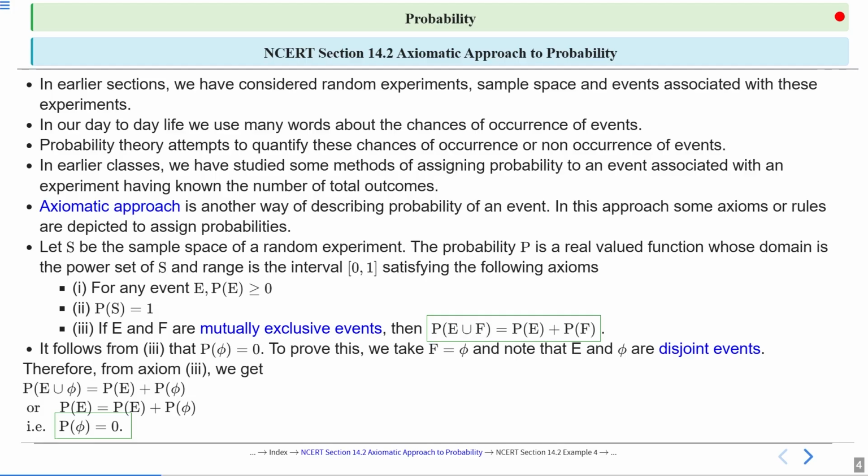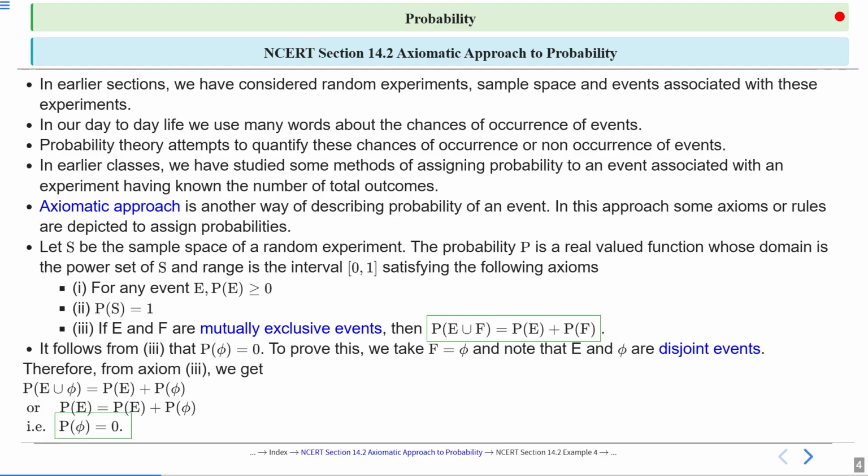Here E union phi is nothing but the event E. So the probability of E union phi is equal to the probability of E. So we get this equation: P of E equals P of E plus P of phi. And now from here we obtain P of phi equals 0.